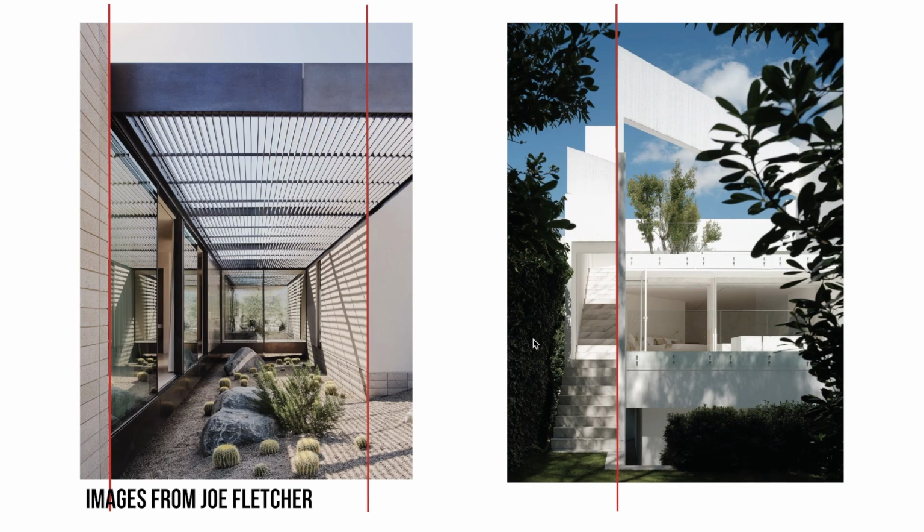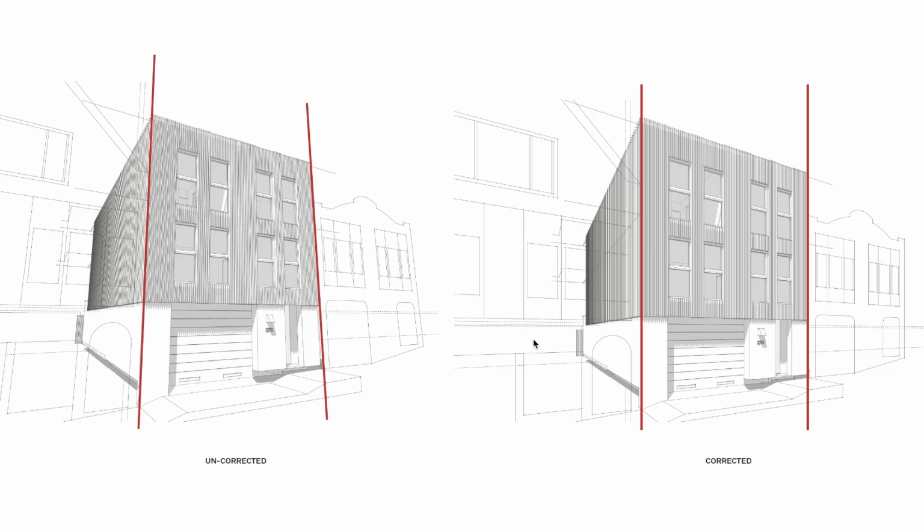So what you'll end up with are images that have all the vertical lines very straight. And this is one of the easiest things that you can do yourself to make your presentation more professional. And when I see colleagues and students who don't follow this practice, I kind of just shake my head.